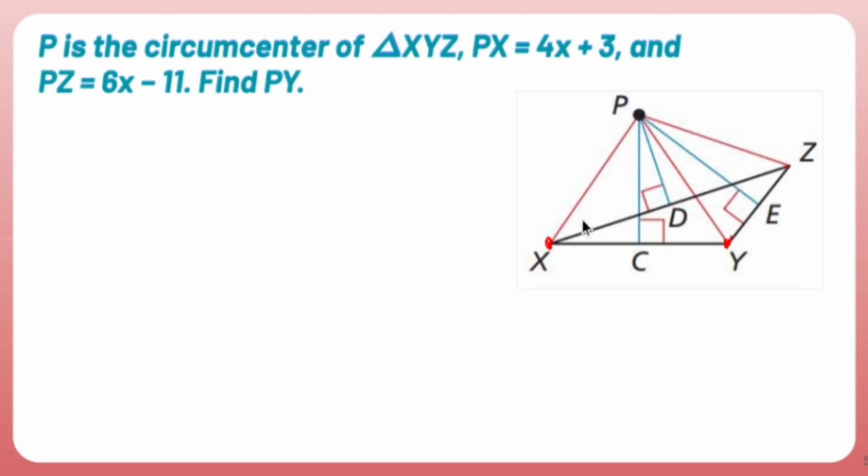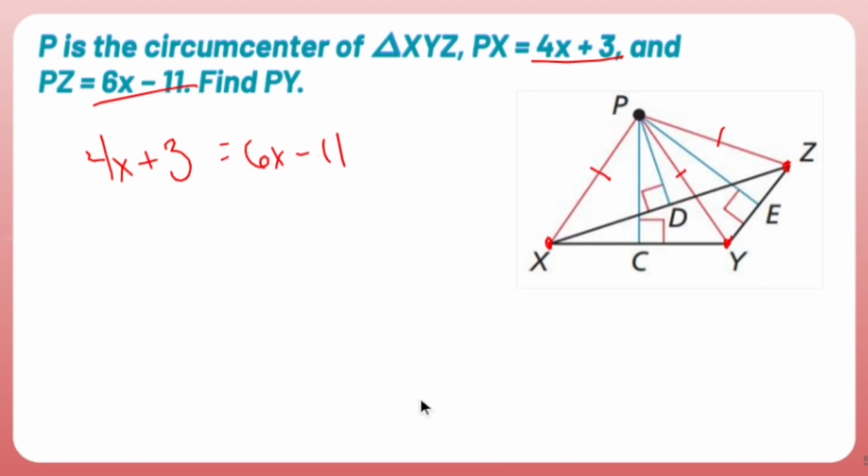So if P is the center of this invisible circle, that means P goes to X, P goes to Y, P goes to Z. All of those are a radius of the circle, which means all of these red lines are the same. So PX is the same as PZ. So if PX is the same as PZ, then 4x plus 3 is equal to 6x minus 11.